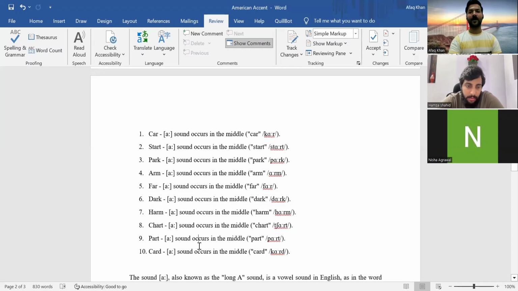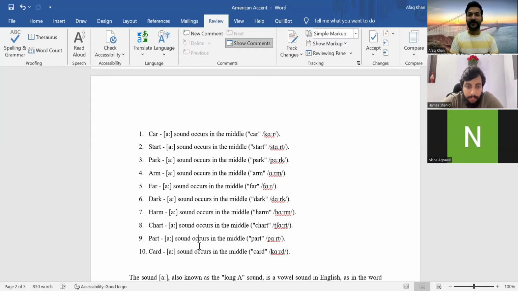Okay, it's fine, but you're trying to say the long vowel. It is for your practice, but actually it is a short vowel, not a long one.